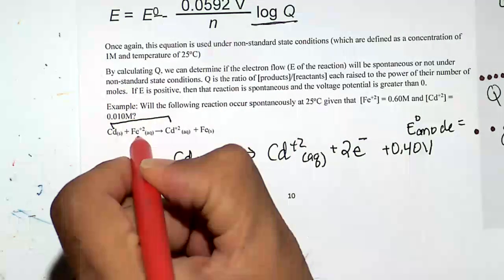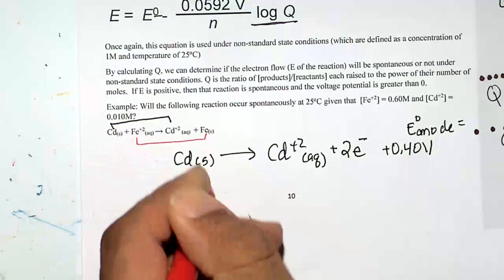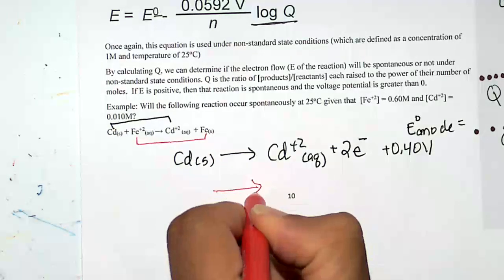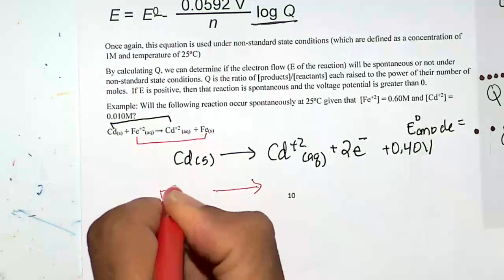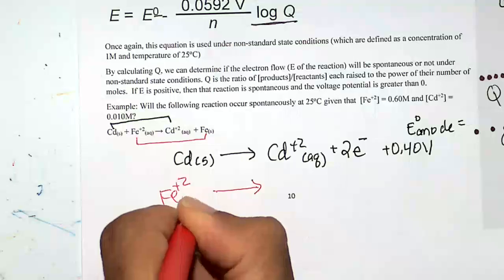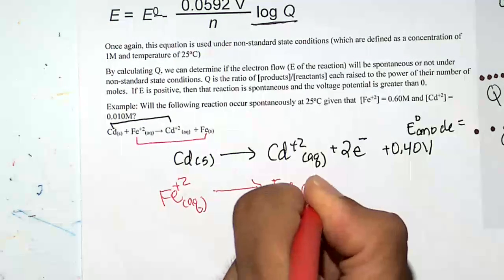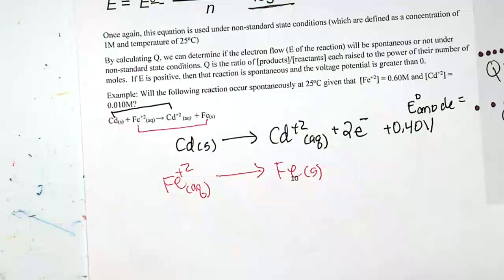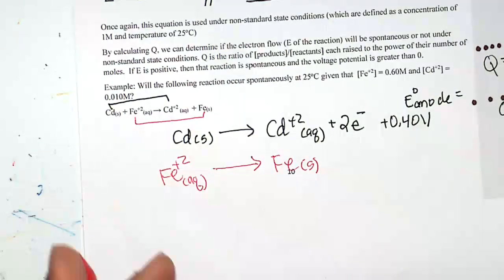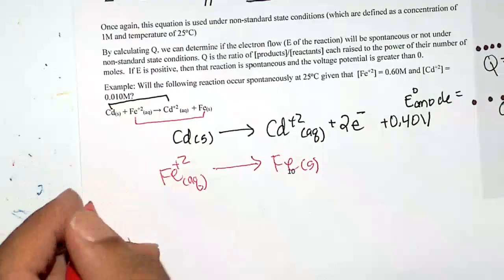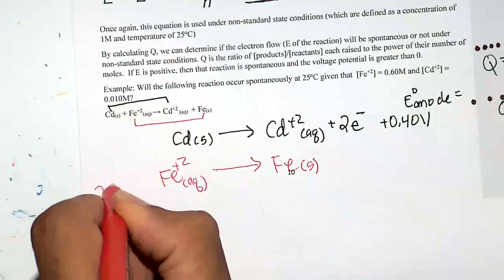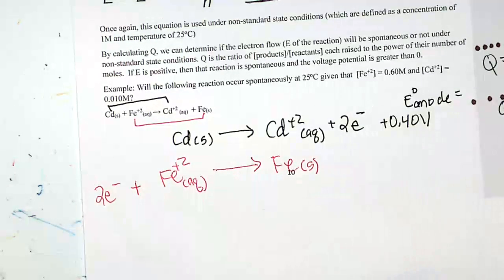How about red? All right, we have Fe plus 2 goes to Fe solid. How many electrons and where should we put it? 2 on the reactant side, excellent.